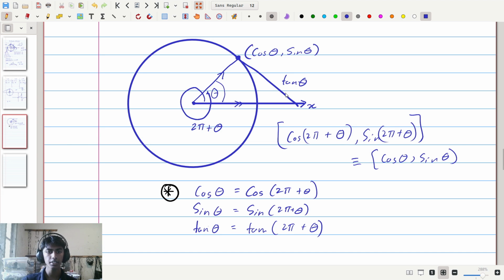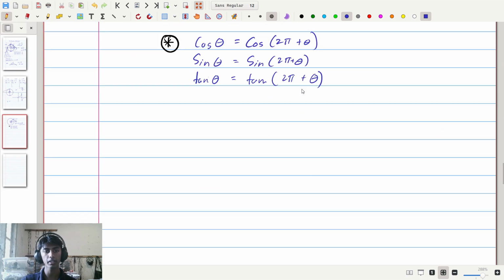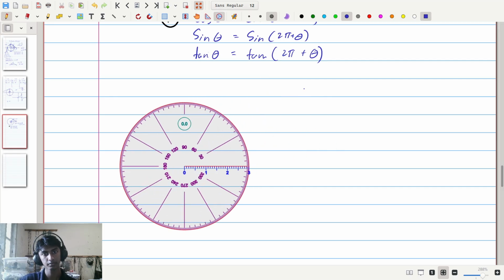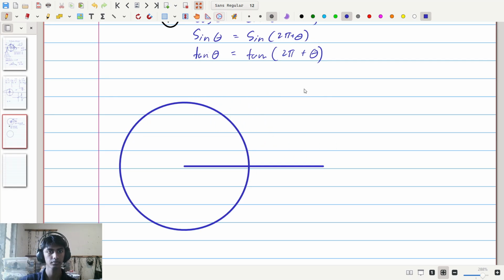Next, let's consider, instead of a full circle of 2 pi radians, what happens if you rotate only half a circle around the circle. To do that, we will now draw another diagram and consider a rotation of pi radians, or half a circle. Alright, so here it is.